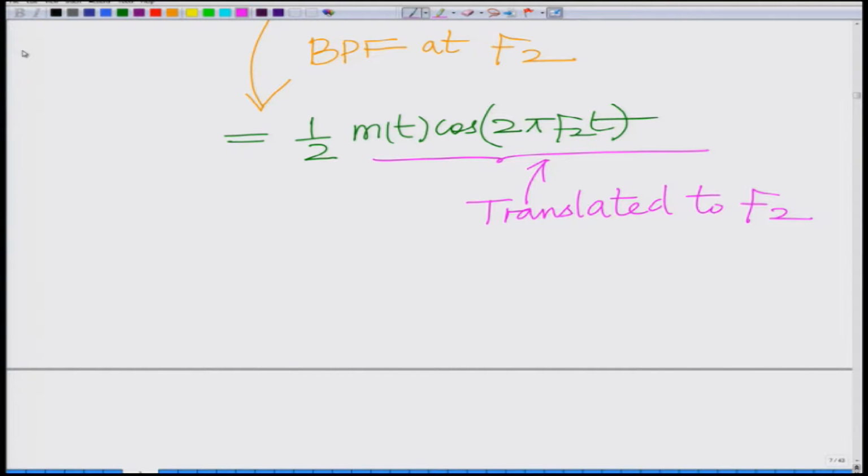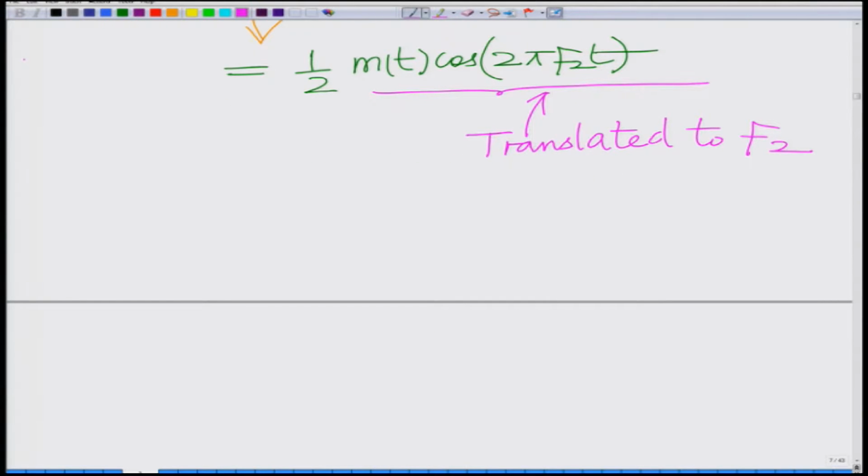Okay. Now, therefore, there can be two frequencies, either f1 minus f2 or f1 plus f2. If f1 minus f2 is employed, it is known as a heterodyne. If f1 plus f2 is employed, it is known as a super heterodyne. That is, the mixing frequency is greater than the frequency of the incoming signal. Okay.